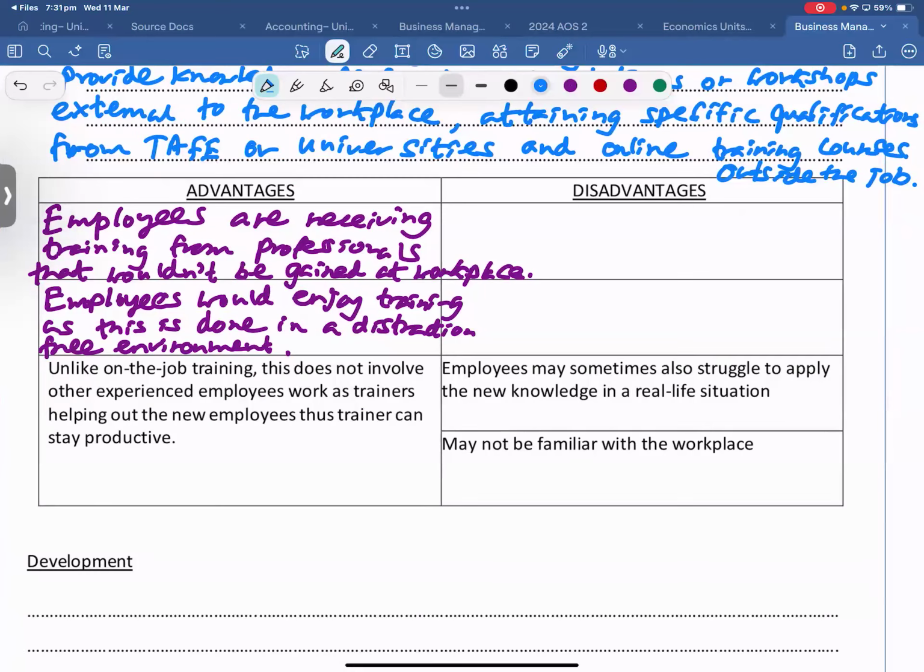And disadvantages. Workflow can be disrupted.